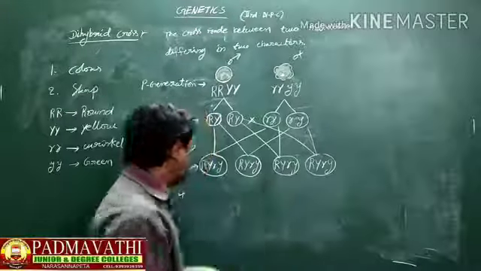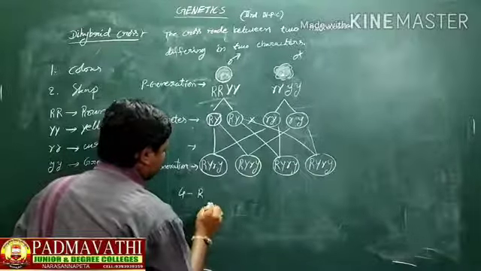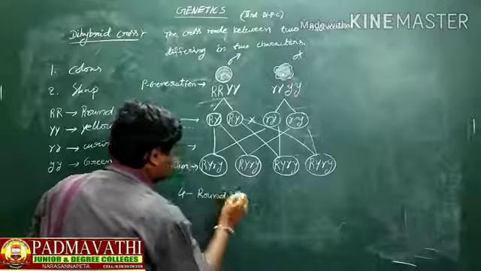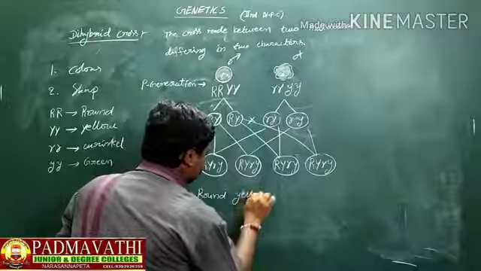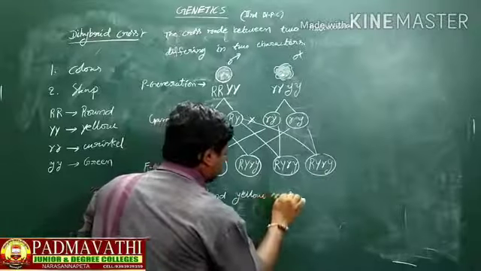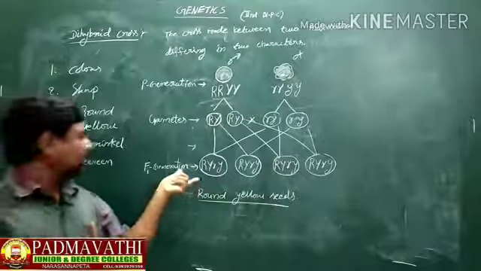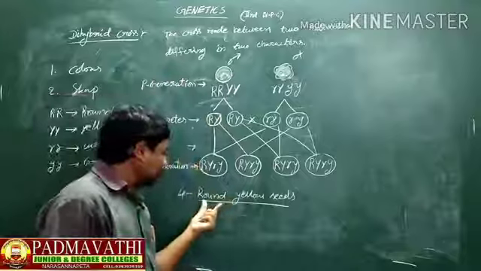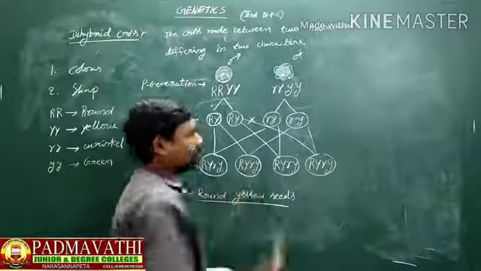The plants contain round yellow seeds. The 4 plants produced in the F1 generation of Mendel's dihybrid cross are all round yellow.